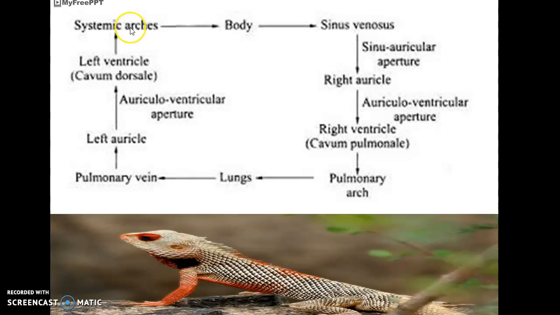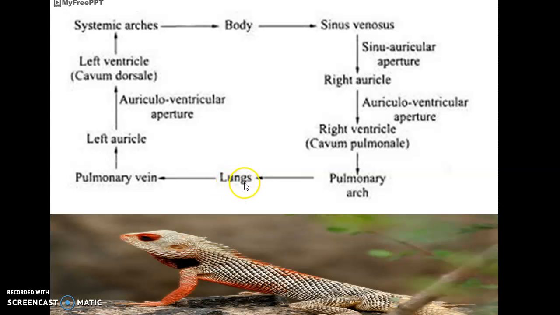From the right as well as the left systemic arch, the venous blood from the different parts of the body enters into the sinus venosus, and by means of the sino-auricular aperture all the venous blood enters into the right auricle, and from the right auricle through the auricular ventricular aperture it enters into the right ventricle, that is cavum pulmonale, and from the right ventricle it moves into the pulmonary artery or pulmonary arch for passing this deoxygenated blood to the lungs for purification.